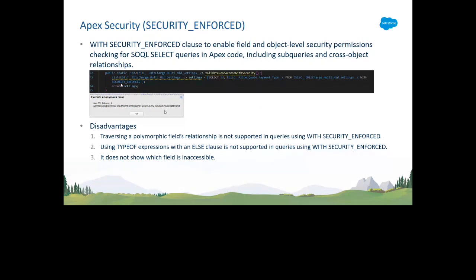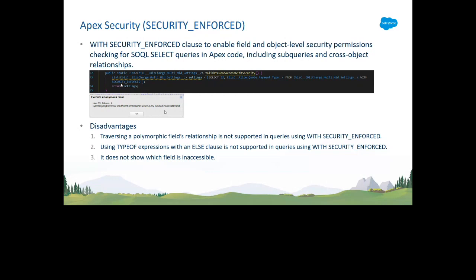So what are the main disadvantages of this keyword? It doesn't work on polymorphic fields, let's say User.Id type fields. If you are running SOQL on those, then this keyword will not work.